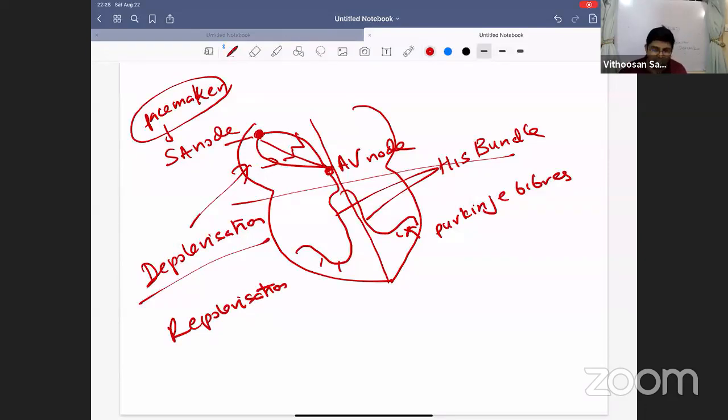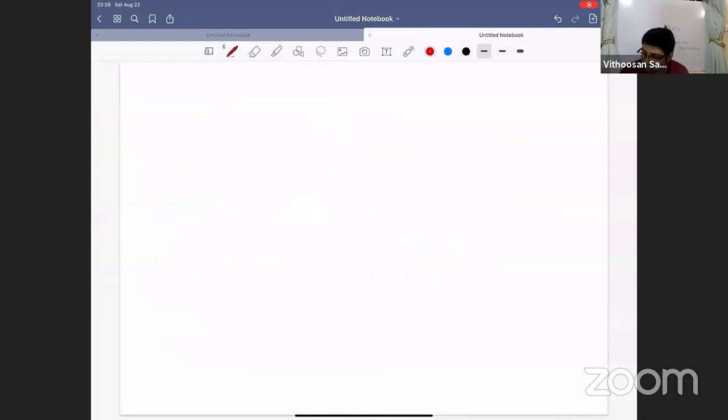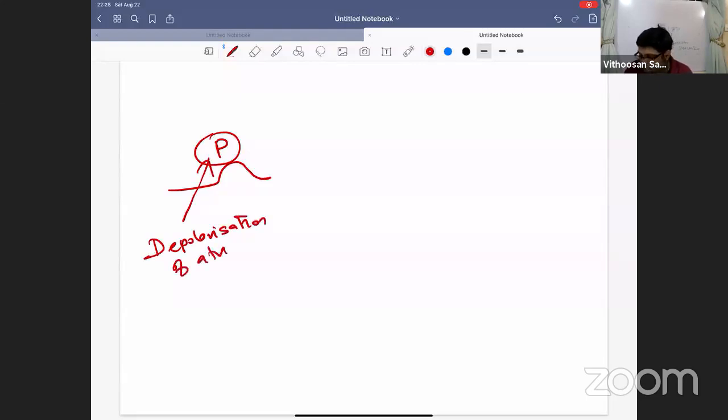So if you do an ECG, what you see here is the P wave. This P wave is the depolarization of the atria.